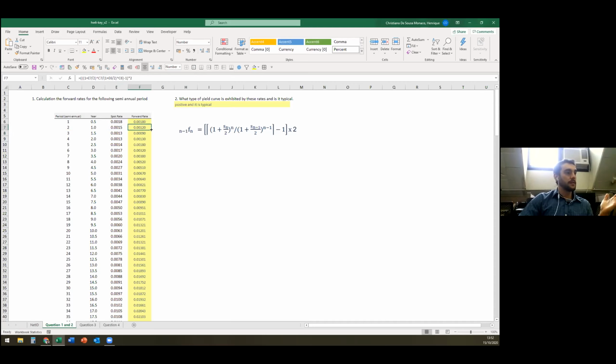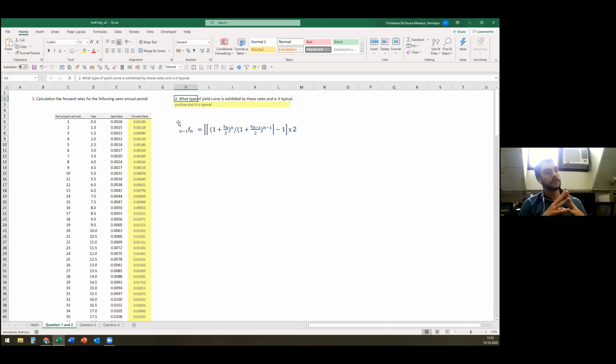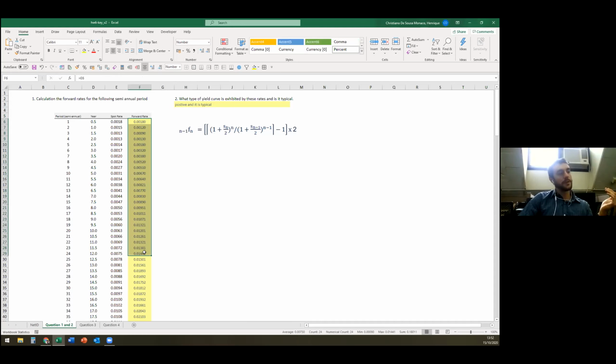By doing that, if you did the formula like I did, you should be able to drag that down or double click it all the way down, and you would see everything filled here. And we ask you what kind of yield curve is exhibited here. So it goes down a little bit on these first 5 periods, but then it increases.